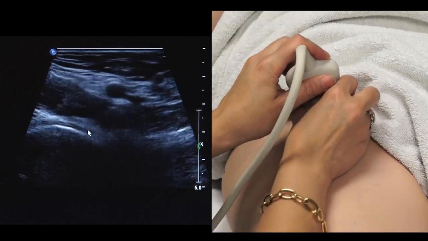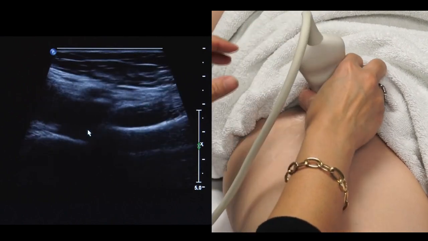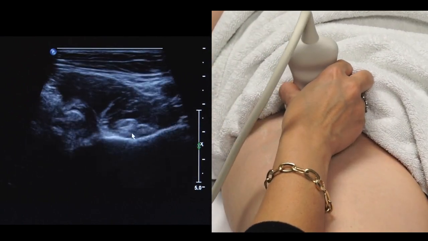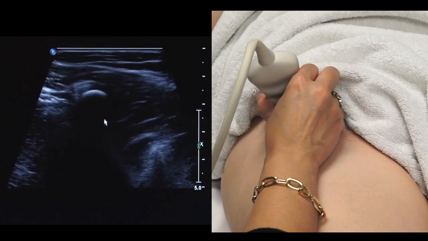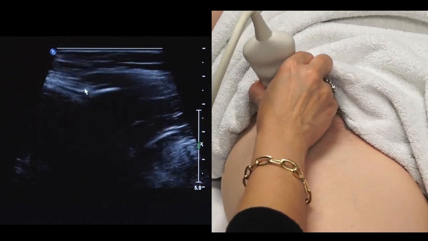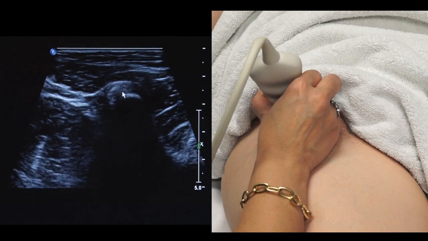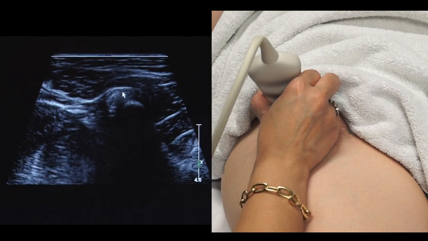Okay, now I'm moving transverse. Here we have the iliopsoas tendon again, as I showed you earlier, and here we're looking at the anterior inferior iliac spine, the origin of the rectus femoris.